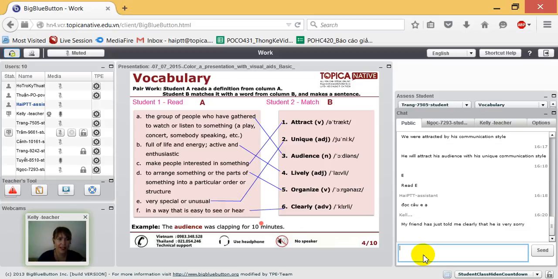Yes. My friend has just told me clearly that he is very sorry. Okay, yeah, you could use it that way. Or, you could say, please speak clearly when you give an apology. So we could use it in a few different ways. Okay, thank you, Tuet.